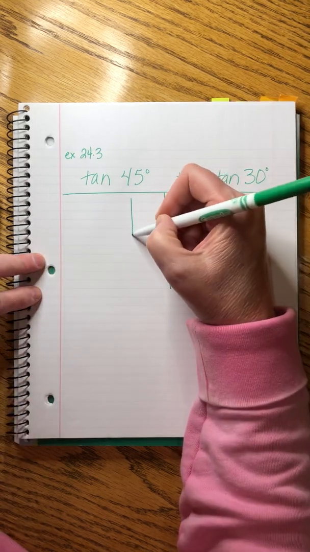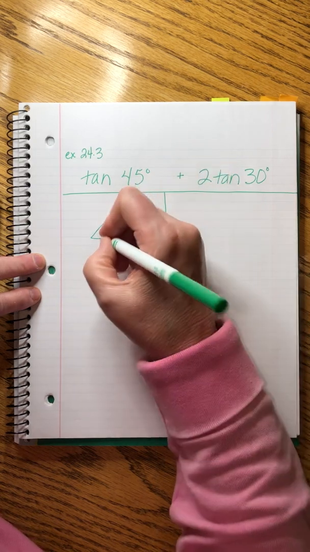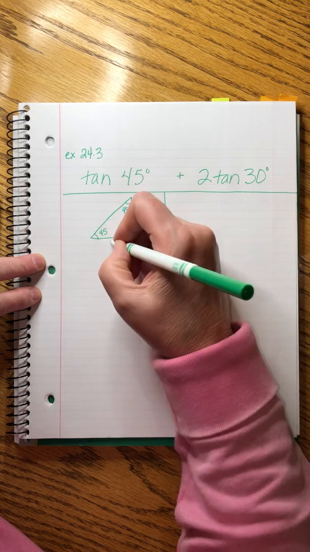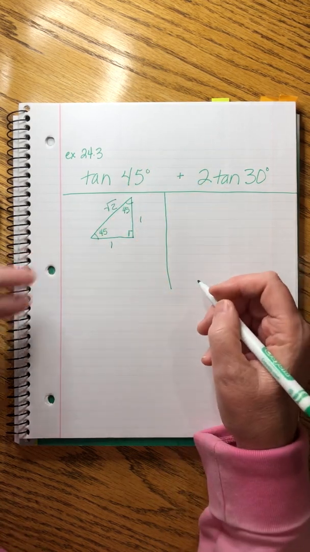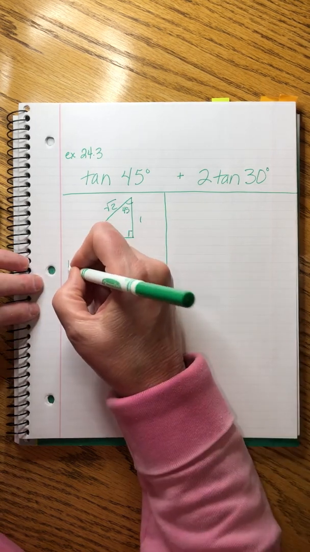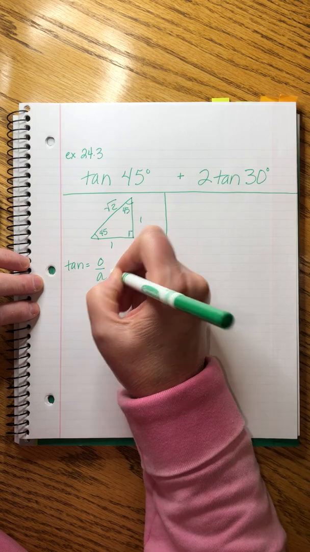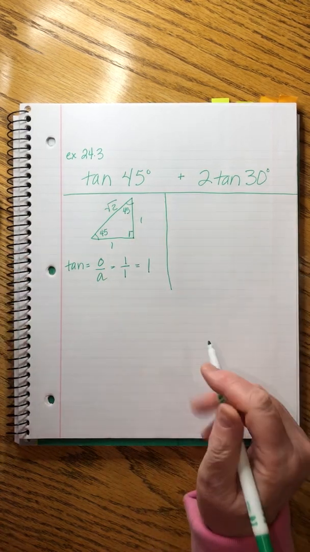We draw this triangle. Again, I'm okay if you take a few shortcuts on this, because to write it every single time might make you nutty. Okay, tangent is opposite over adjacent. It's 1 over 1, which equals 1. Huh, okay.